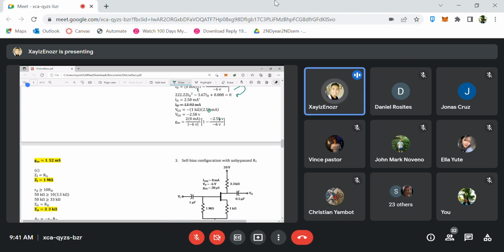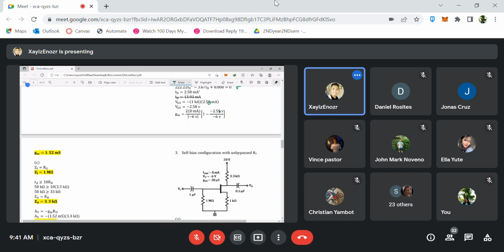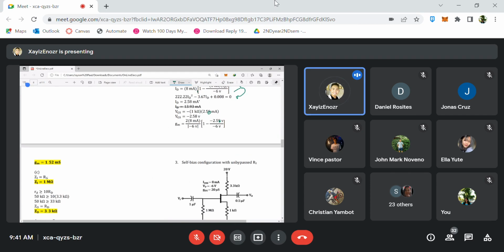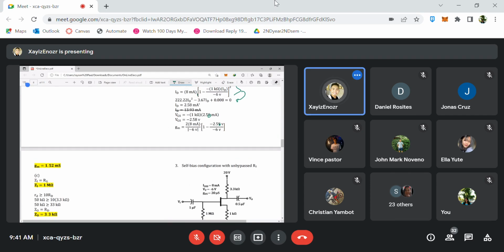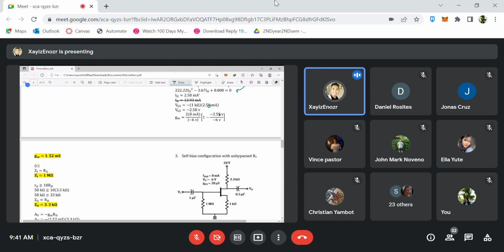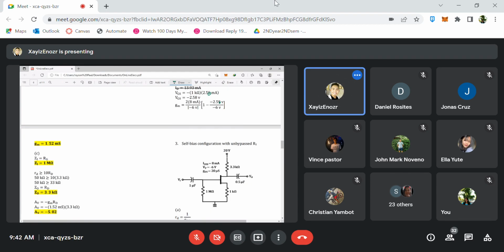So that is 1.52 millisiemens. Okay? I-type nyo rin yung mga nakikita nyo sa screen, yung mga formulas at values. Calculator nyo rin, baka may namali akong compute. I-let me know para mabago natin kung mali yung pagkalagay ko or may typographical error. So, we have GM 1.52.